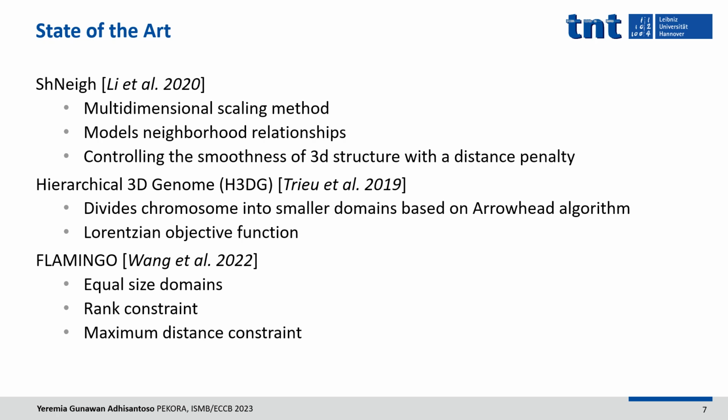Furthermore, it uses an additional objective function, the Lorentzian objective function. On the other hand, Flamingo, instead of using external domain information, divides the contact matrix into equal-sized domains. And for the objective functions, it uses a rank constraint and a maximum distance constraint. With the maximum distance constraint, it is similar to SHNATE.